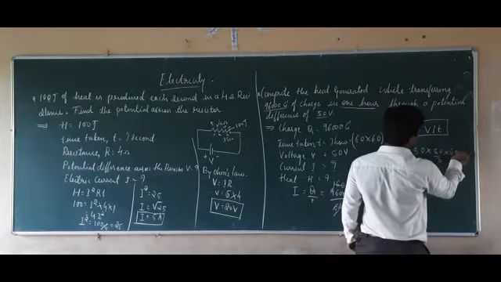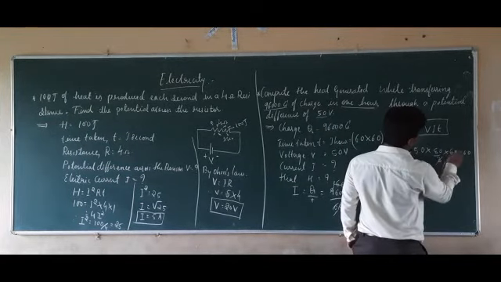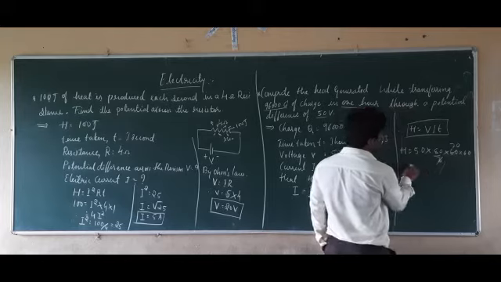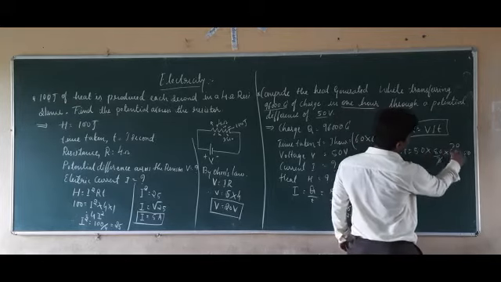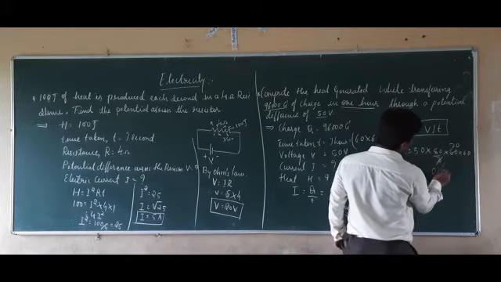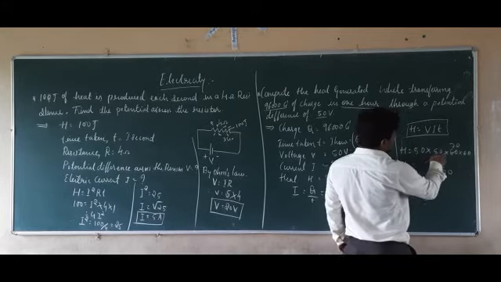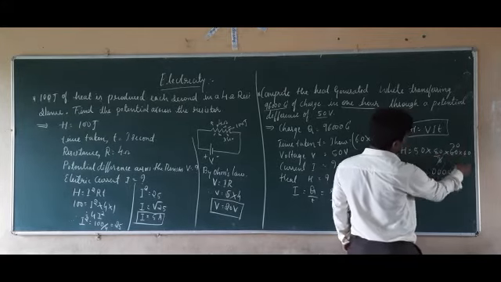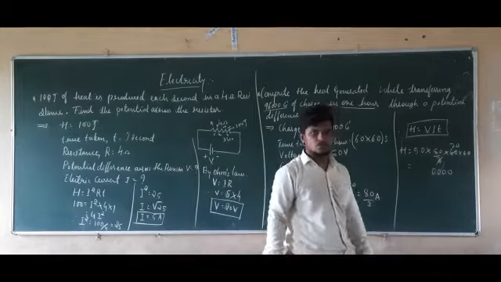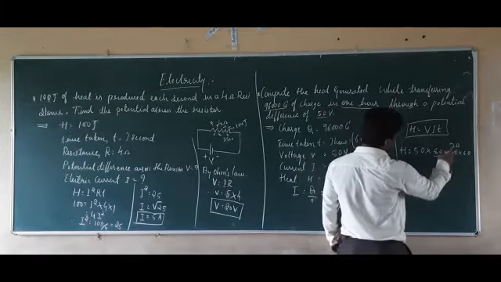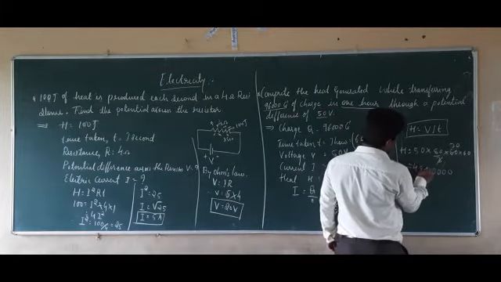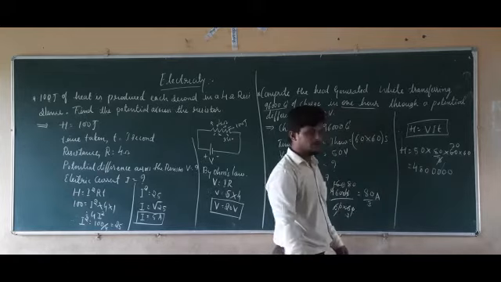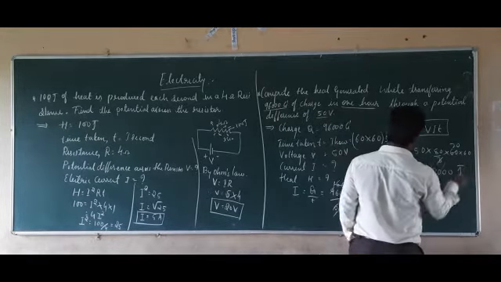So 3 ones are 3, 3 twenties are 60, and so on, which comes to 480 joules per the calculation.